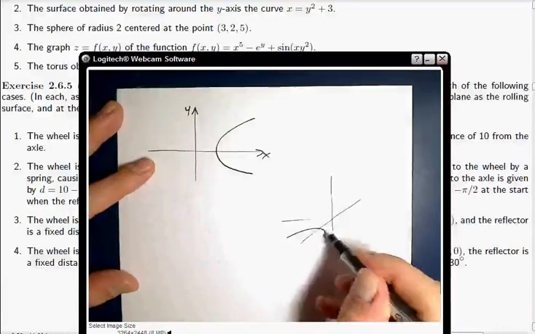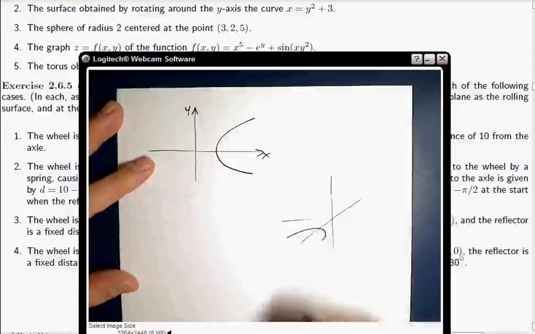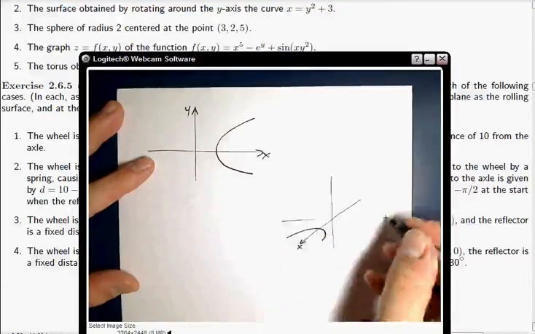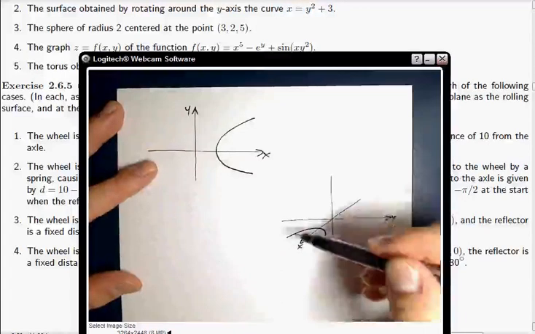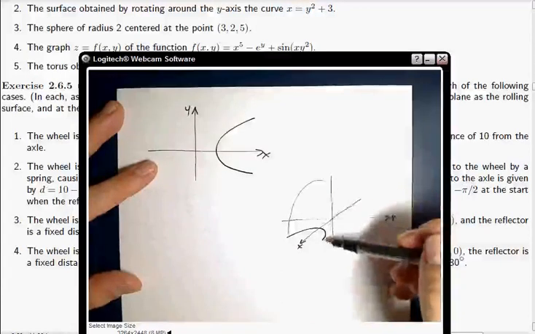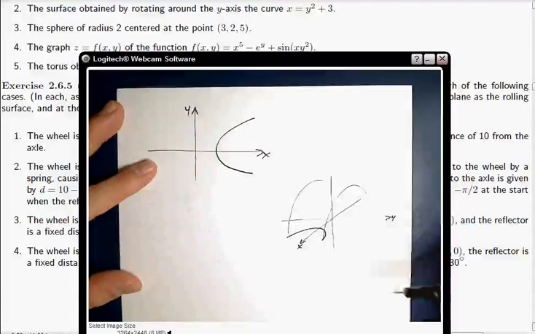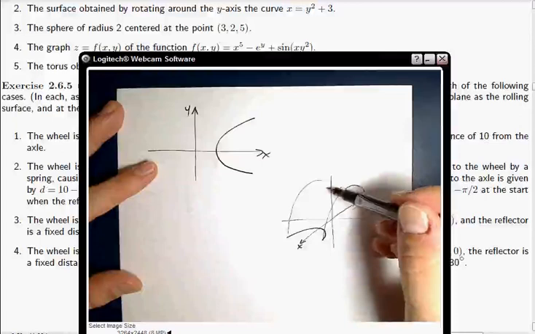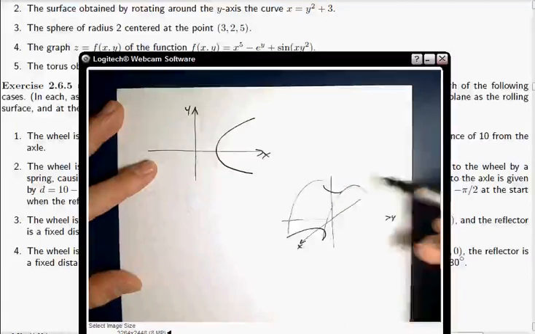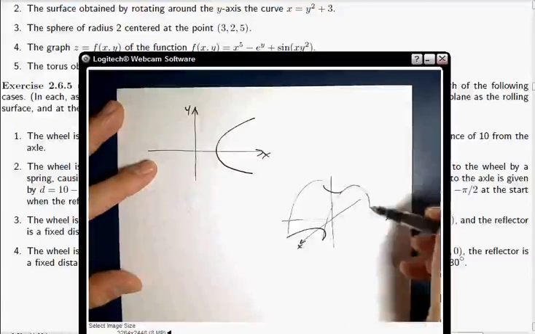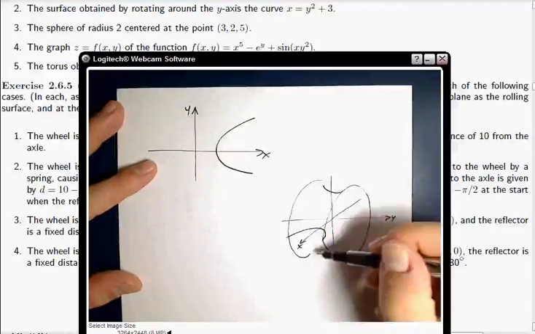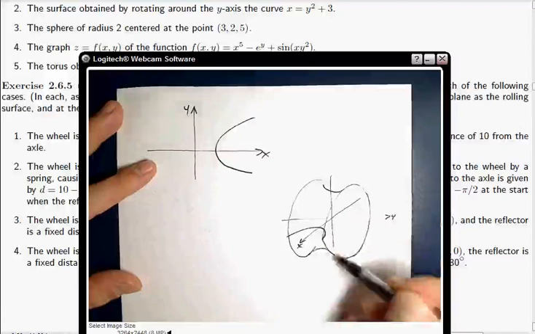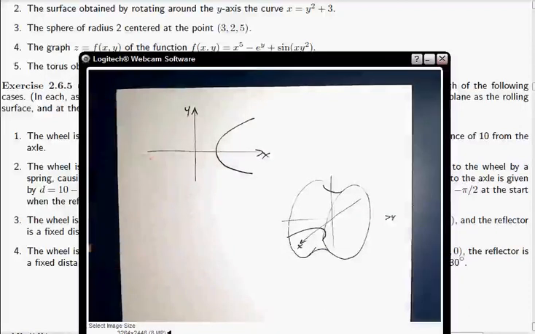Here's my original parabola in the xy plane. And when I rotate that around the y-axis, it makes one of these hyperboloid things. Oh, excuse me, it's not a hyperbola. That's a parabola, not a hyperbola. But it looks kind of like that.